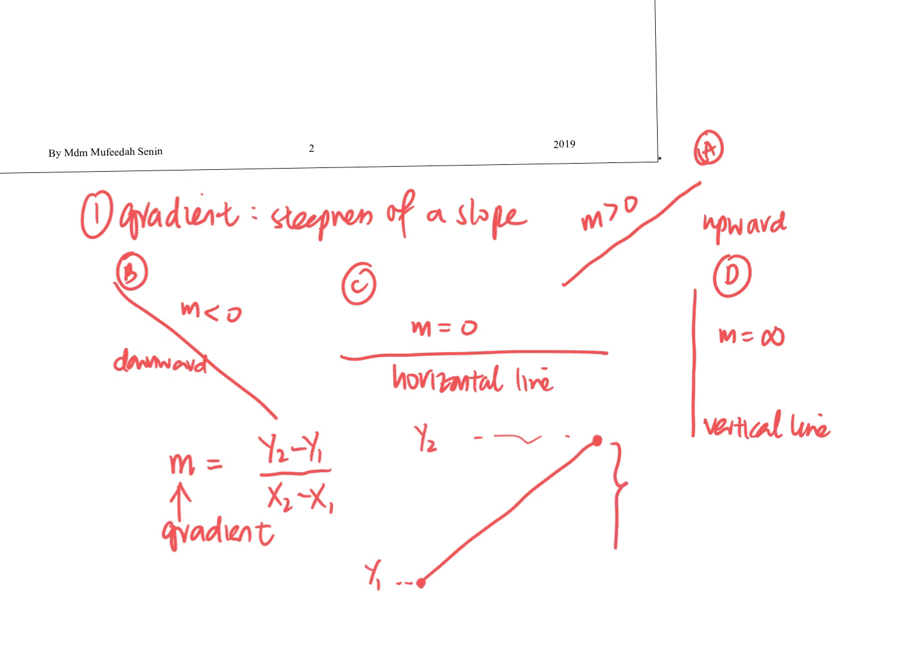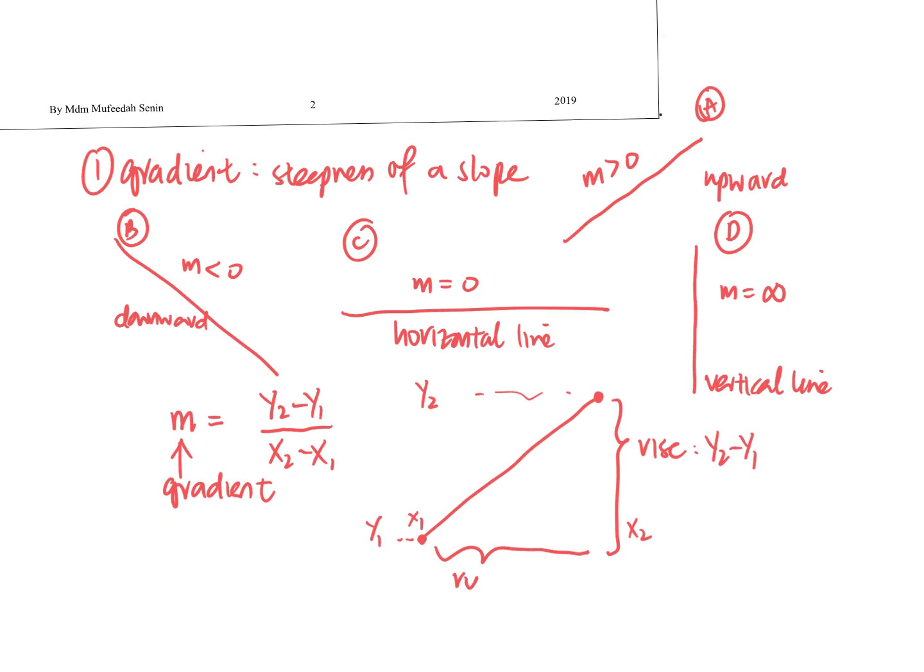You are finding the rise, which is y2 minus y1, how much it has risen up. Then the horizontal distance, from x1 to x2, how much you have run horizontally. So x2 minus x1. That's why the formula is rise over run. That is about all that we have learned last lesson.